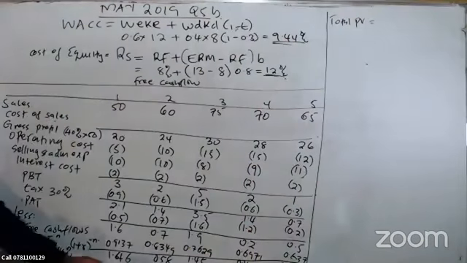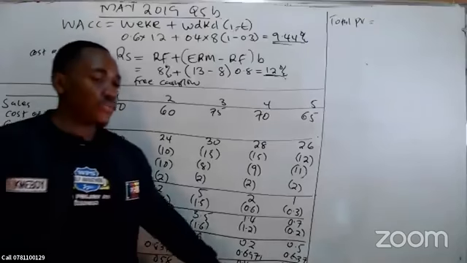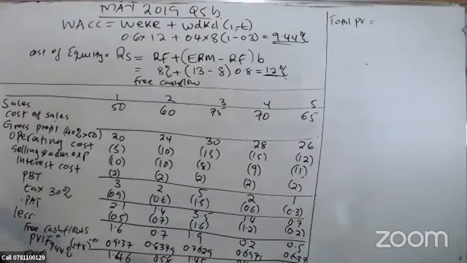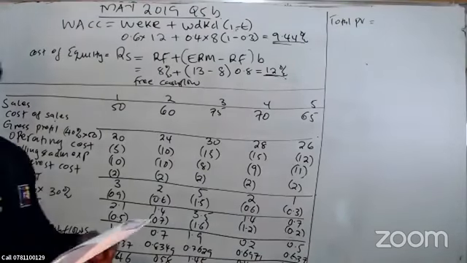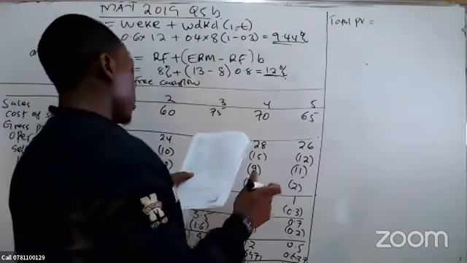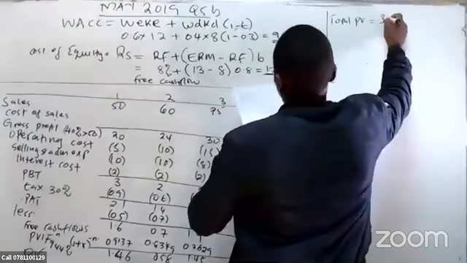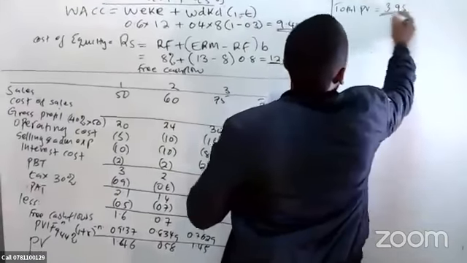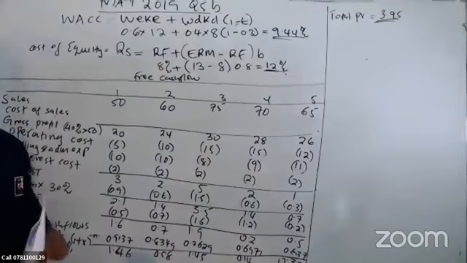You add the total, year 1, year 2, year 3, year 4, year 5, and you get the total present value. In this case, you'll get an amount of 3.95. That's the total present value.